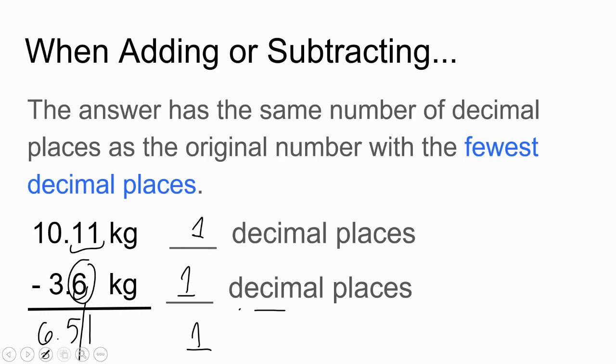So 6.5 is going to be my answer there. Okay, so we've got rules for multiplication. This is our rules for adding and subtracting. Fewest decimal places. If for some reason this turned out to be a 0, we would still want to keep that decimal place. Okay, don't lose significant digits. Like it wouldn't be just 6; it would be 6.0.